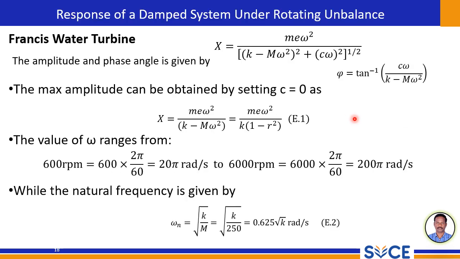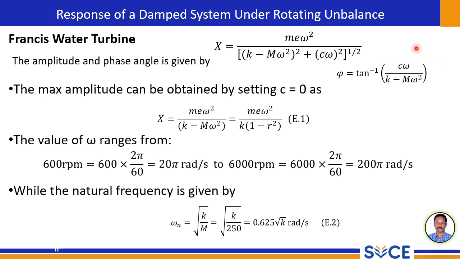Let me start solving the given problem. To ensure the smooth operation of the Francis water turbine, we need to analyze vibration amplitude and frequency characteristics. The equation gives us the amplitude of vibration, denoted by X, and the phase angle, denoted as phi.